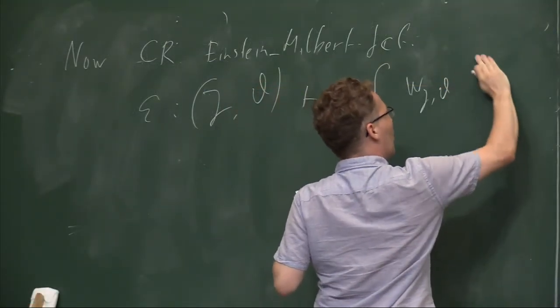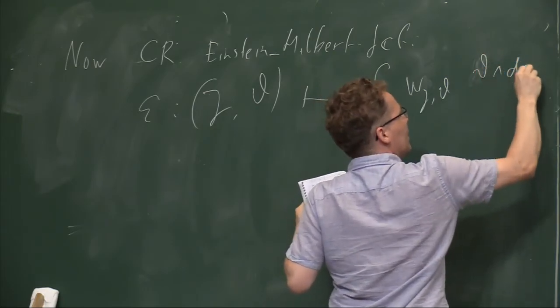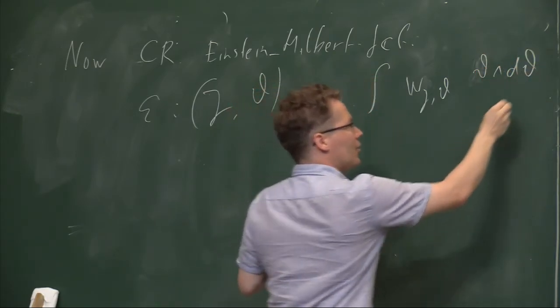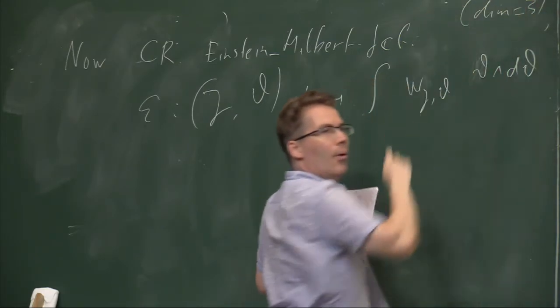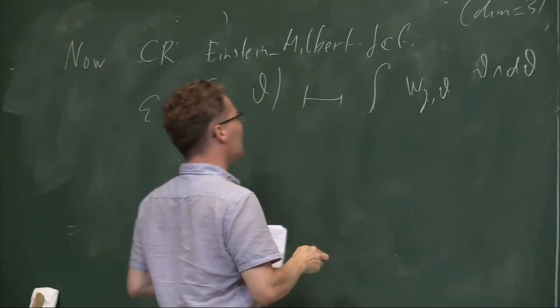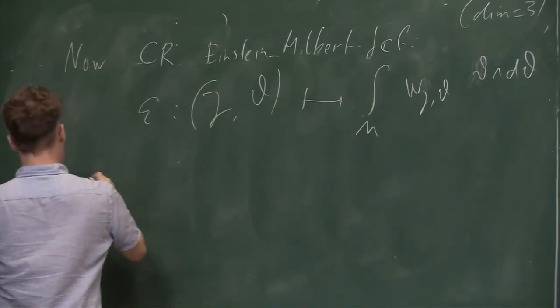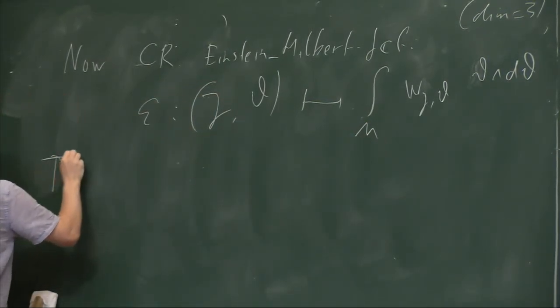And, well, we need a volume form, but this is easy. So, okay, let's just do the dimension, so let's say dimension 3. Otherwise, you just raise this to some power.